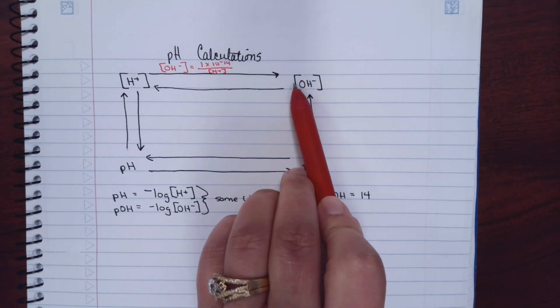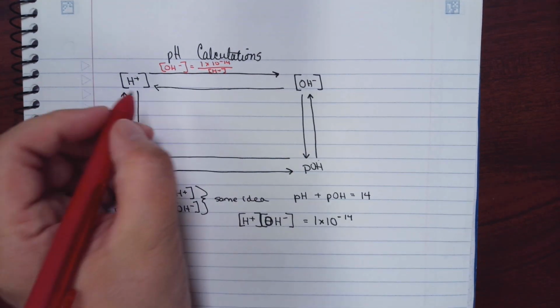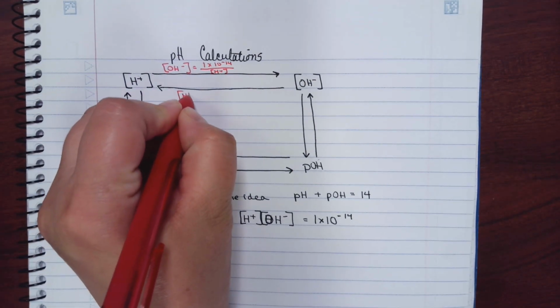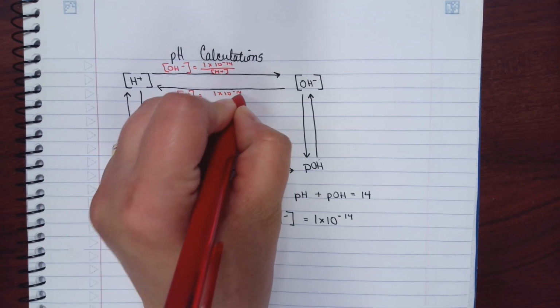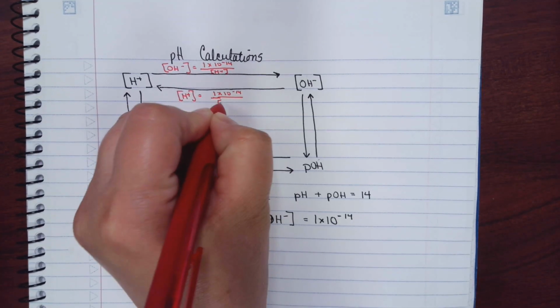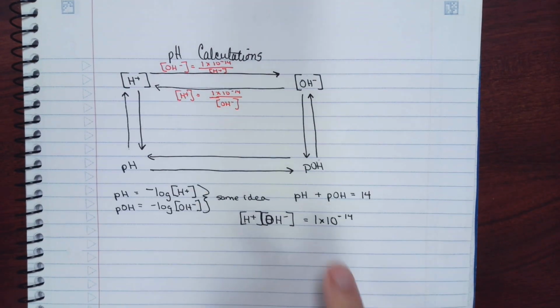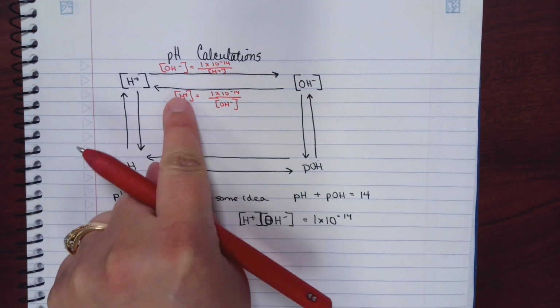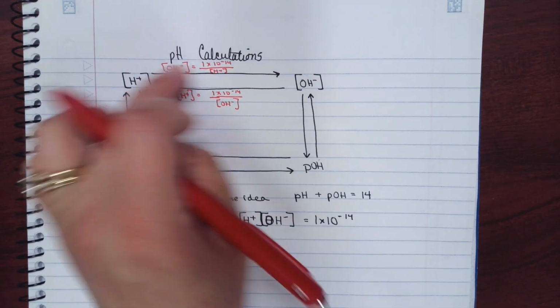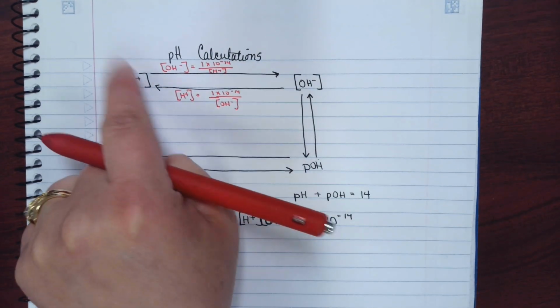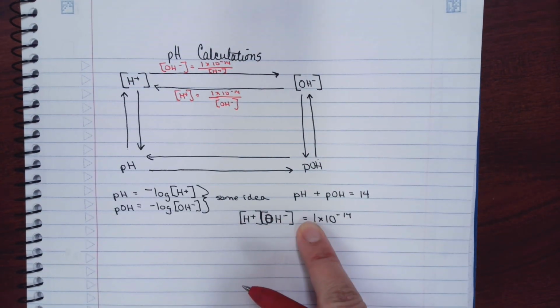If I want to go back the other direction, OH to H, my H plus concentration is equal to 1 times 10 to the minus 14th divided by the OH concentration. So again, it's this equation solved for the H concentration value. Okay? So I can go this way using this equation. I can go this way using this equation. But they both stem from this equation.